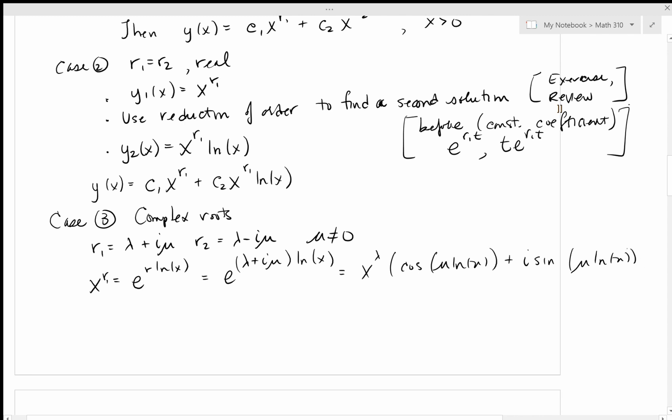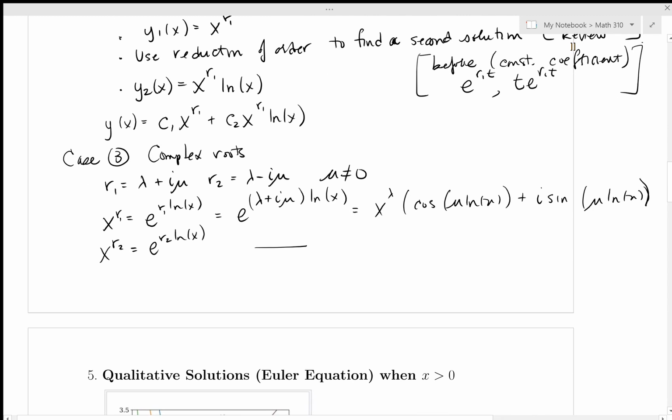Then I will claim without too much justification, you do a similar thing with the one with the minus sign, r2 log x. You do the same thing and you fill that in. And then what do you think about?